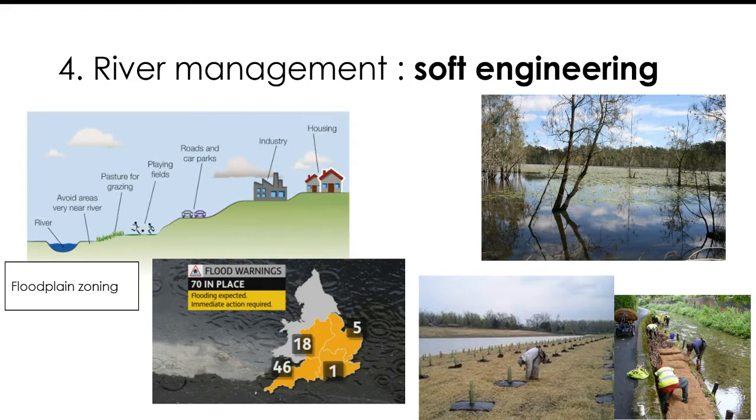That's going to be maybe farming areas closer to the river, playing fields, car parks, anything that doesn't have a high economic or social value. And then the more important things are going to be put away from the river itself. So potentially these areas will be free from flooding if it should happen because they're higher up.